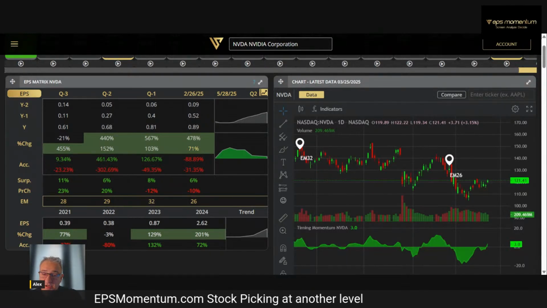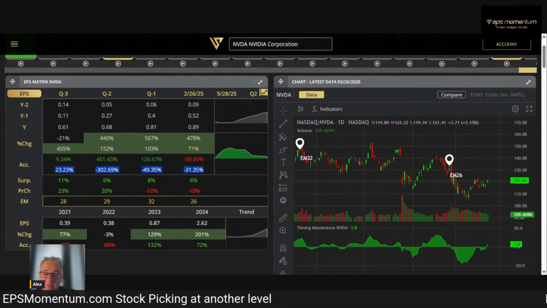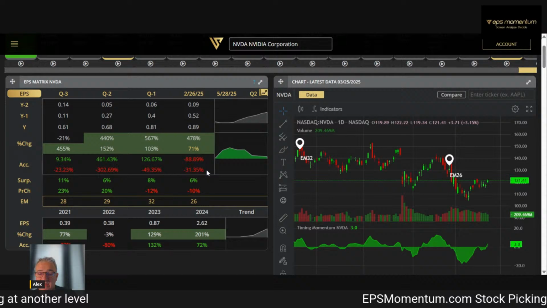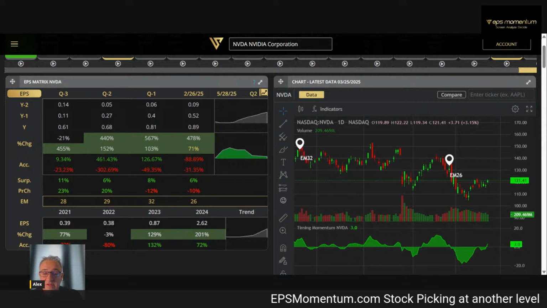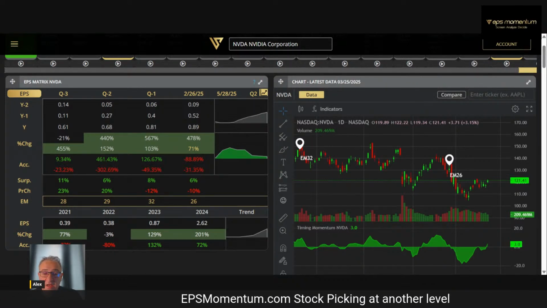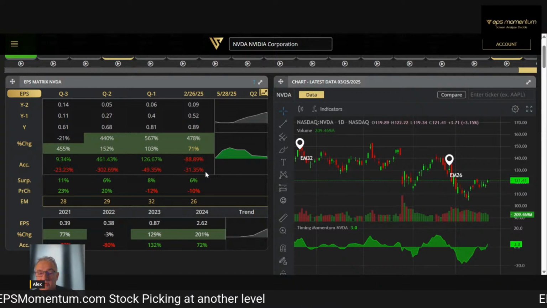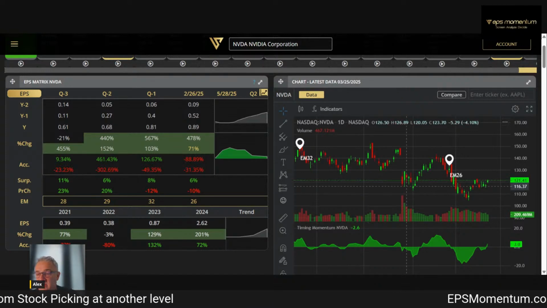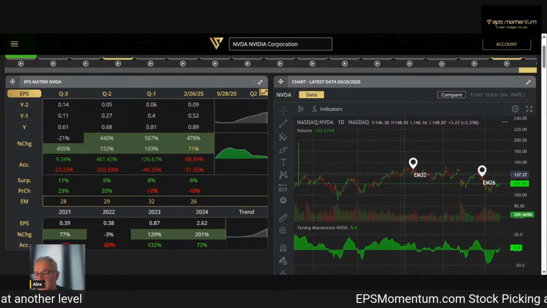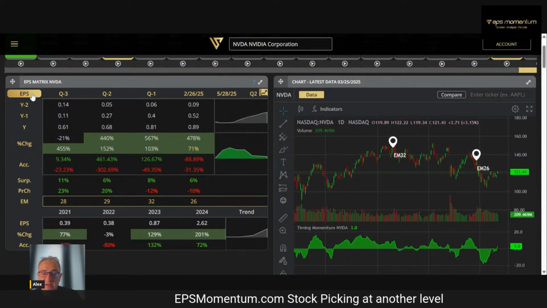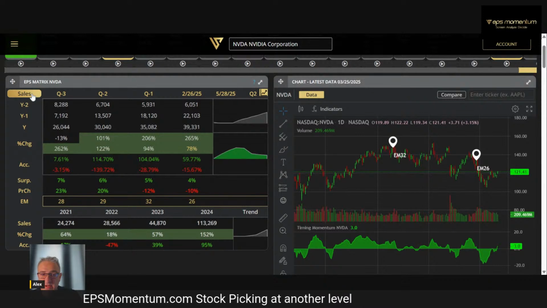The deceleration here is very visual. In the last 5 quarters, the stock has decelerated significantly, 88, 23, 300, 49, 31. So it's really decelerating fast. And we've seen it in the stock. The stock has been going really nowhere and flat. So that's something to notice.